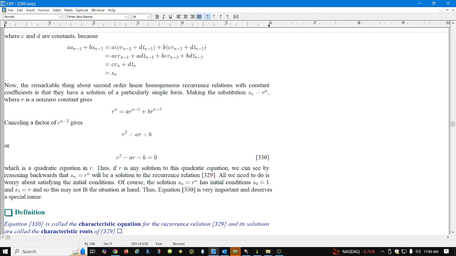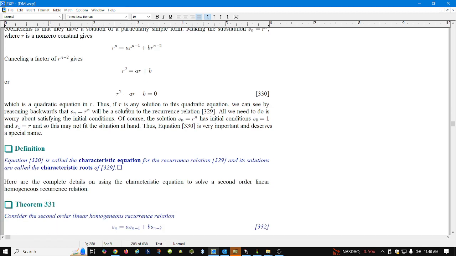The solution Sn equals r to the n has initial conditions S naught, n equals 0, is equal to 1, and S1 is equal to r. So that solution may not fit the situation at hand if you have different initial conditions. But it's easy to tweak that, as you'll see now. This is a really important equation.